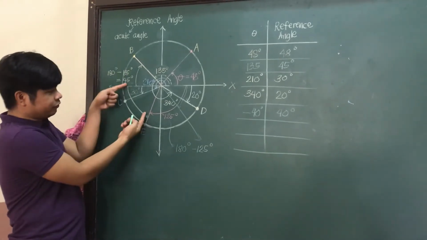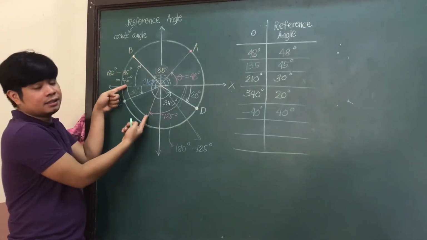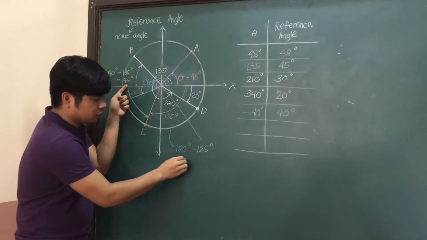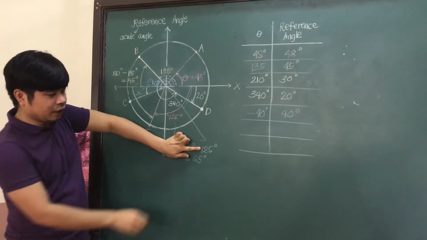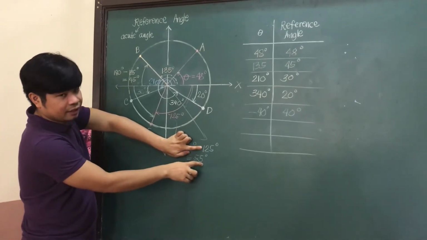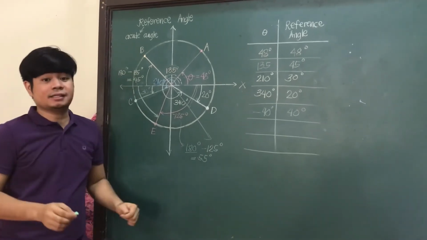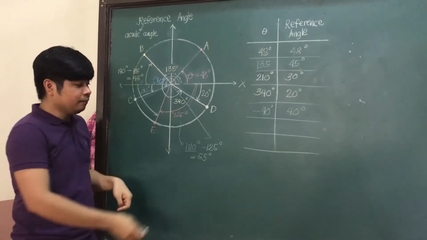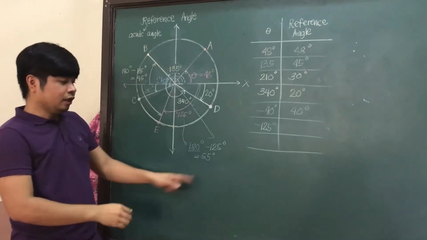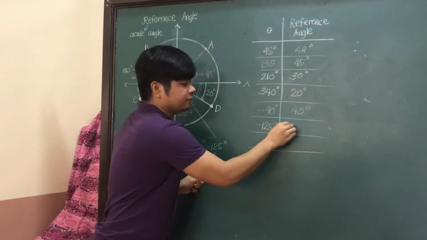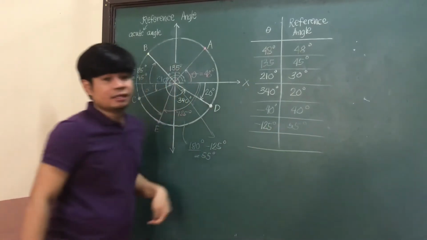Okay? Because we're looking for this excess here. This is the reference angle, and that is equal to 55 degrees. When we add 125 degrees to 55 degrees, then we get 180 degrees. That is our intention here, okay? So negative 125 degrees, a clockwise rotation, has a reference angle which is 55 degrees.